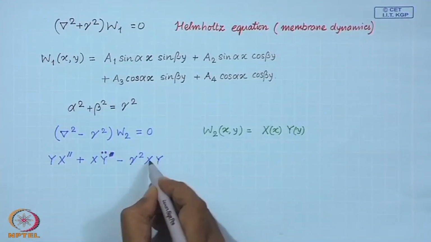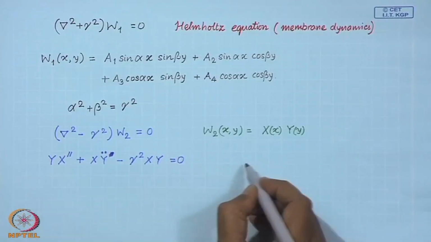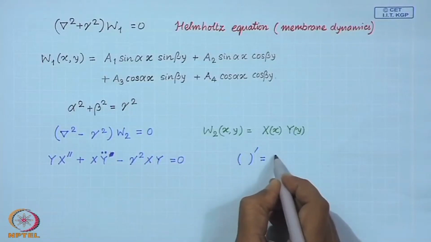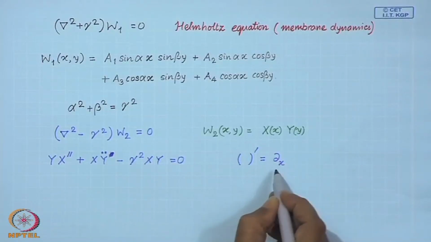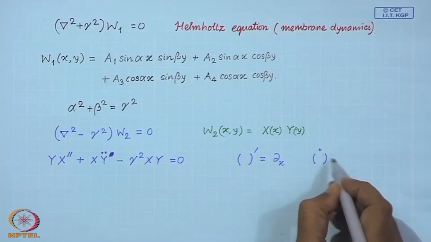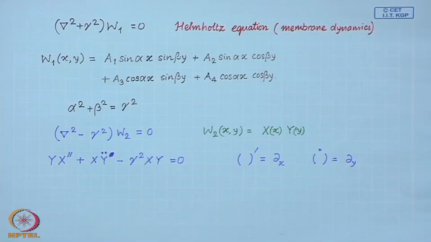So, what I have used is that this is del x or d/dx, and the dot indicates d/dy.